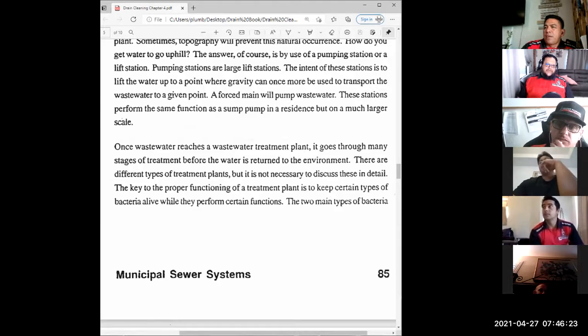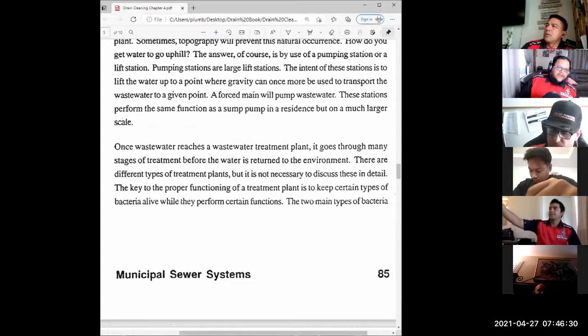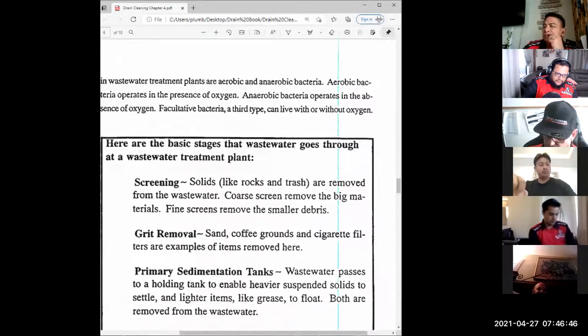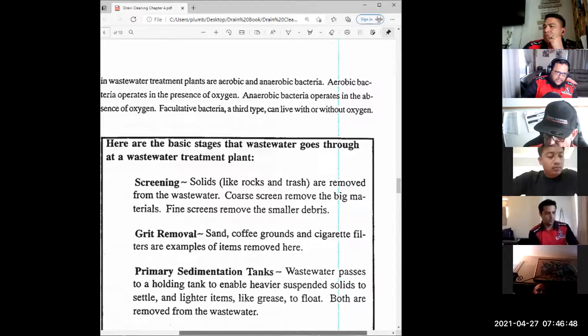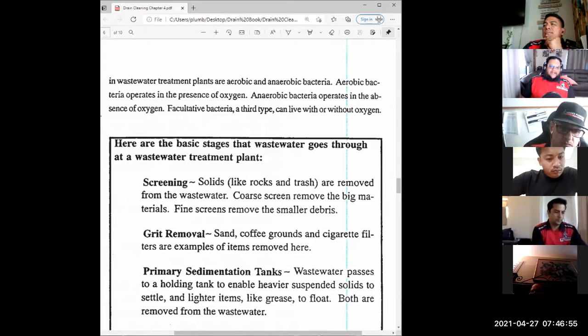Once wastewater reaches a wastewater treatment plant, it goes through many stages of treatment before the water is returned to the environment. There are different types of treatment plants, but it is not necessary to discuss this in detail. The key to the proper functioning of a treatment plant is to keep certain types of bacteria alive while they perform certain functions. The 2 main types of bacteria in wastewater treatment plants are aerobic and anaerobic bacteria.